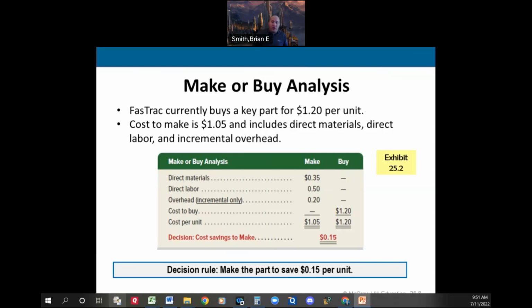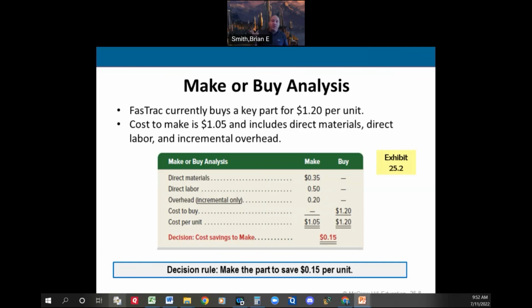For example, some overhead might be, let's just say, depreciation expense on something else that we already have. That's actually a really bad example. I'm trying to think. Indirect materials. Think of the indirect materials. Okay, that's what we should do. Indirect materials we're going to have to make this product.